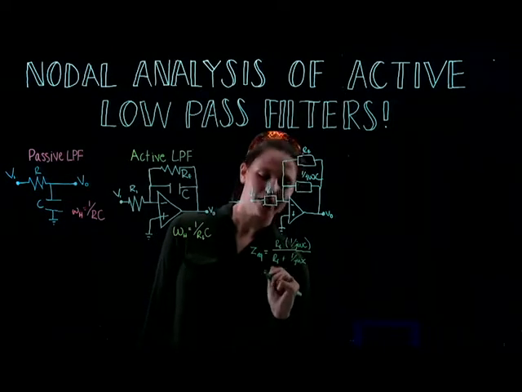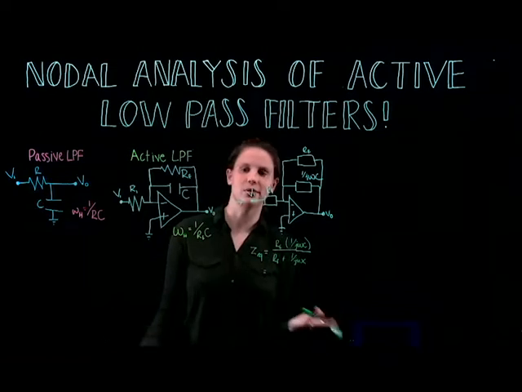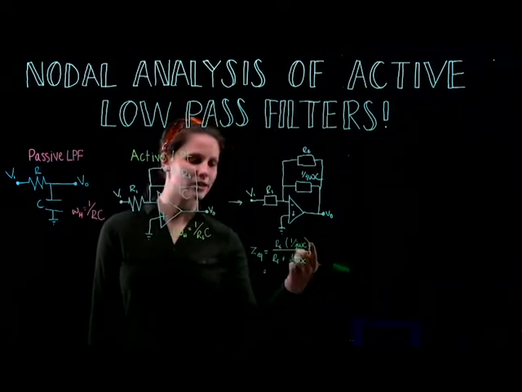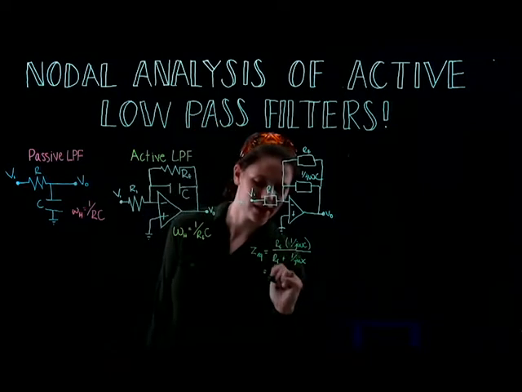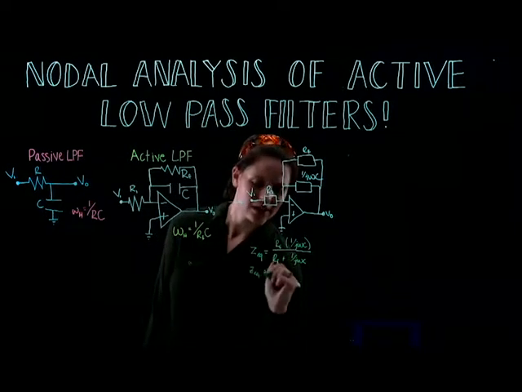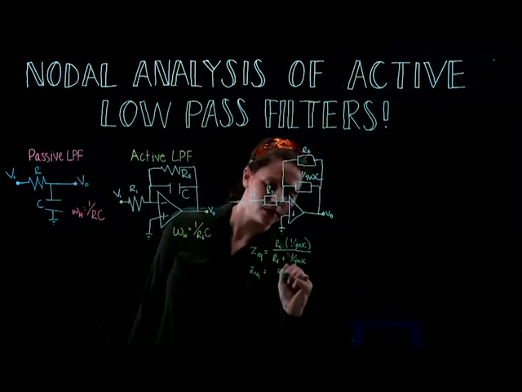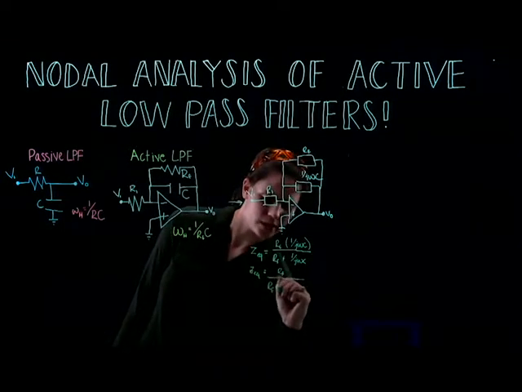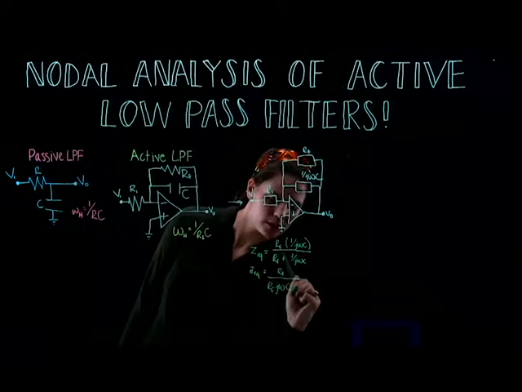To make that easier to work with, we're going to move the JωC that's in the fraction in the top down to the bottom so that we get ZEQ equal to RF over RFJωC plus 1.